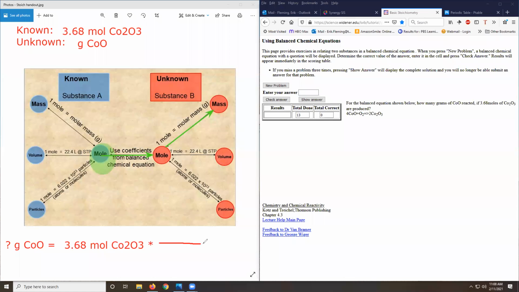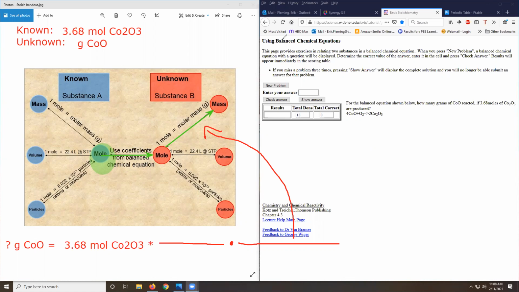So there's my line, poorly drawn. That's this step right here. Then I'm going to be multiplying by another line, and this is going to trail over into other things. That is just going to be from this part right here.